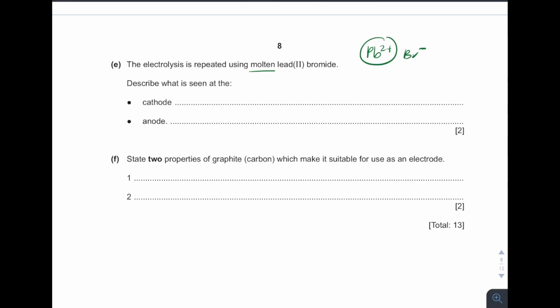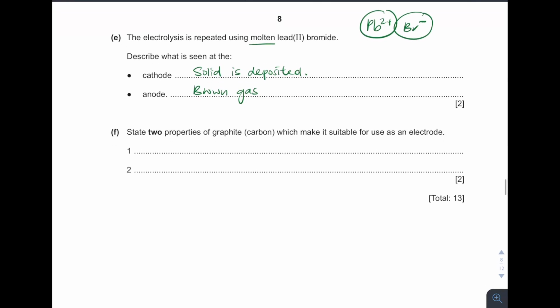Lead solid is formed. So what is the observation? Solid is deposited. The anode attracts negative ions, so bromide will get selected to form bromine gas. Observation: brown gas is produced. Remember again, you cannot put effervescence. Effervescence is only for colorless gas bubbles.